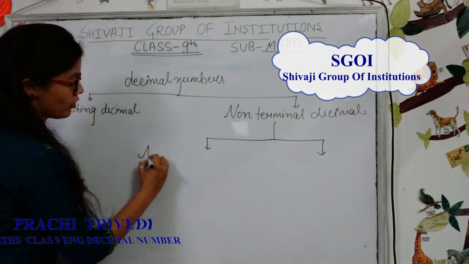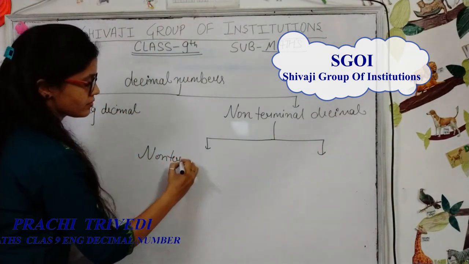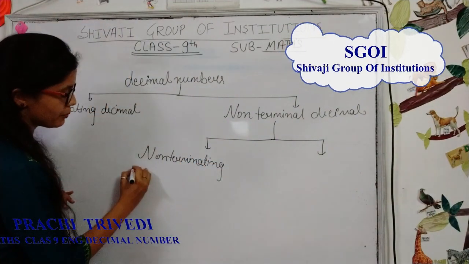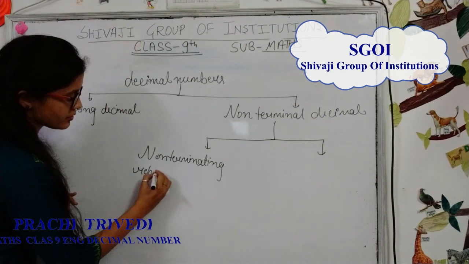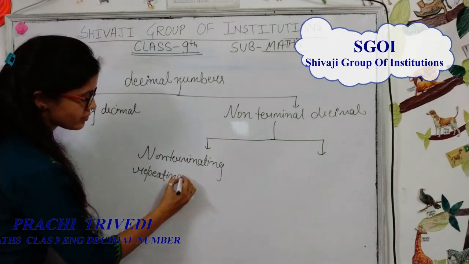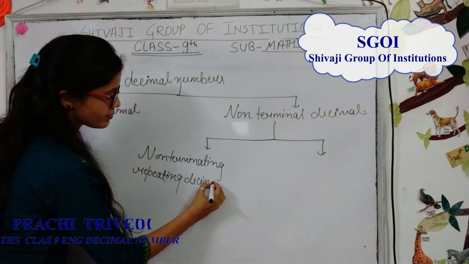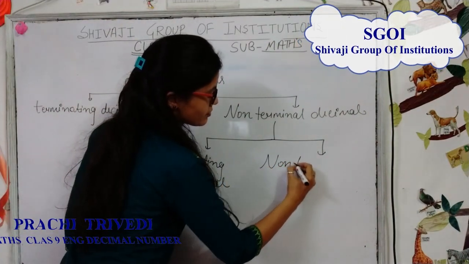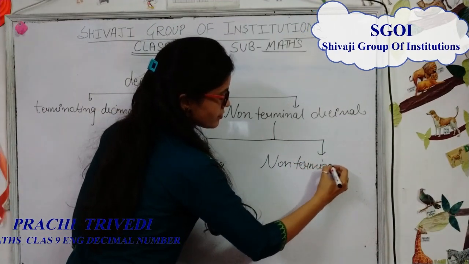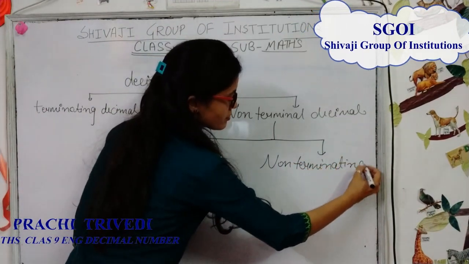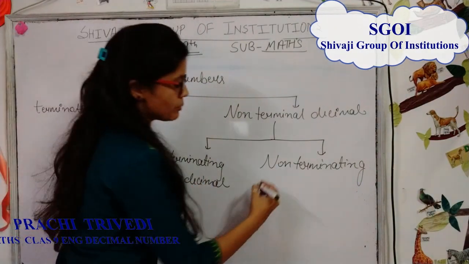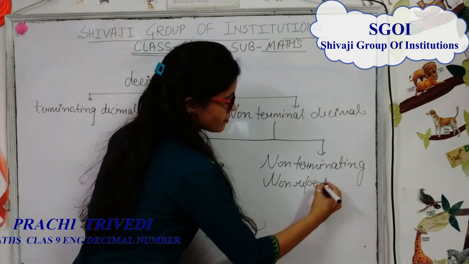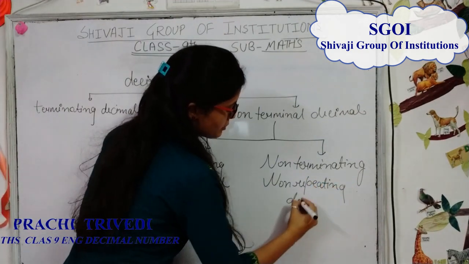First is non-terminating repeating decimal, and second is non-terminating non-repeating decimal.